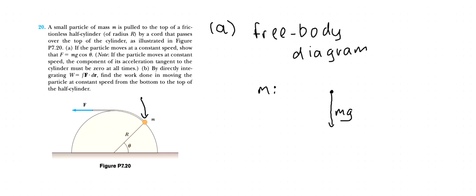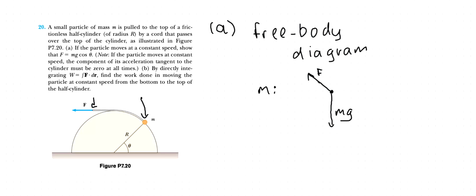If we look at it, it's being pulled by the cord. We assume the cord is an ideal cord in the sense that it transmits the force as tension. So roughly in that direction, we have the tension, the transmitted force by which it's being pulled at this end.